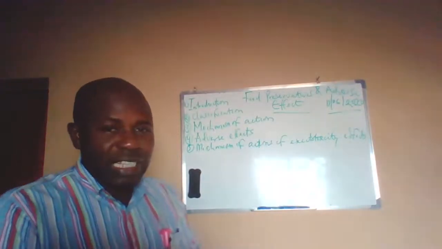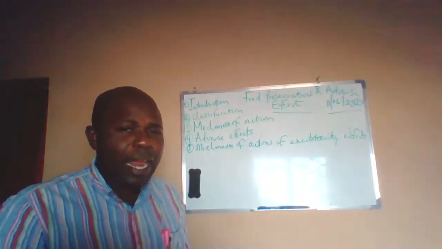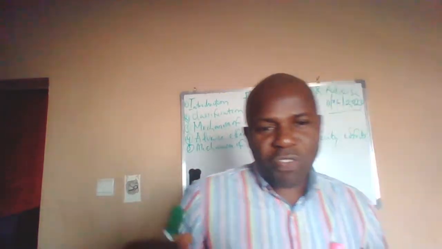We want to talk about the major classification of these food items. These food items can be classified based on the additives or food preservatives that are being added to them, and on their mechanism of action.